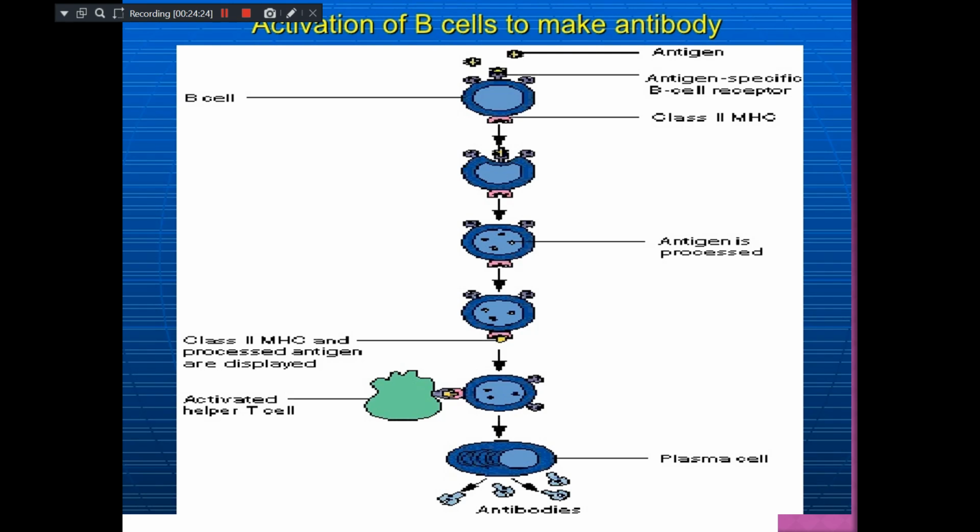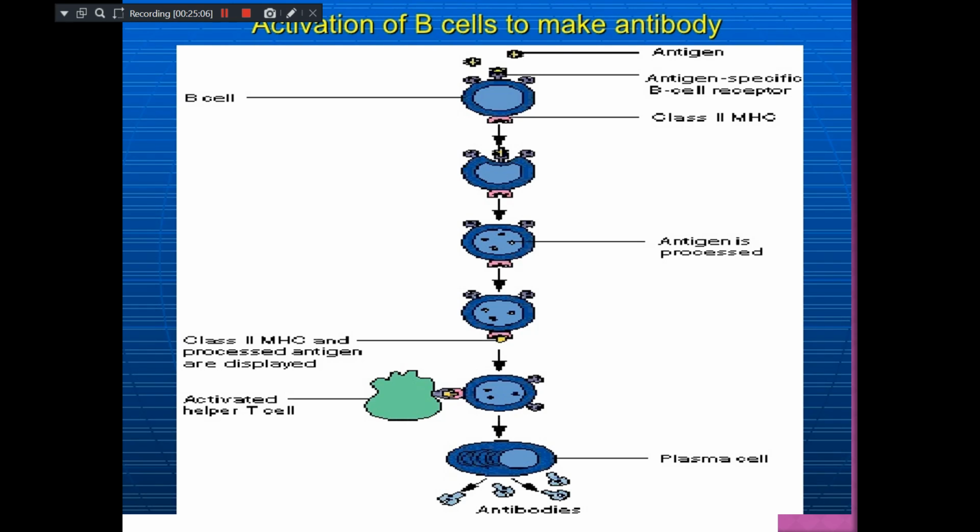Here, this is the flow chart. When the antigen binds on the surface of the B cell, because there's a specific antigen, there's a specific B cell, and they attach. When they attach, the antigen is taken inside the B cell and processed, especially with the class 2 MHC, the major histocompatibility complexes, and displayed.